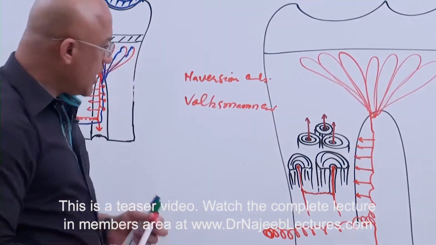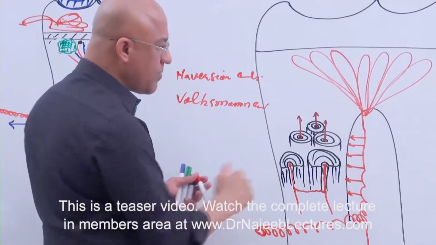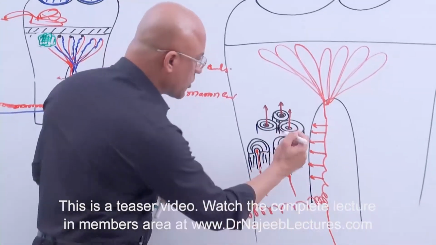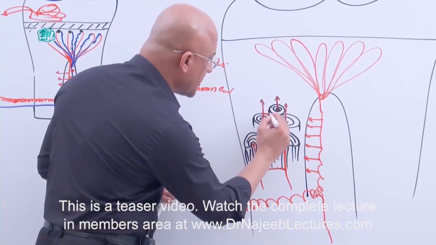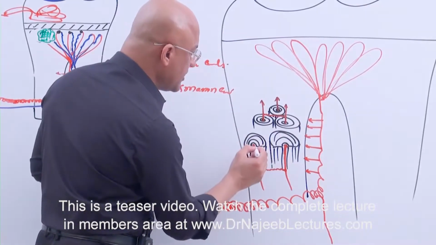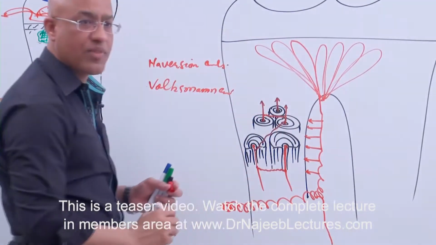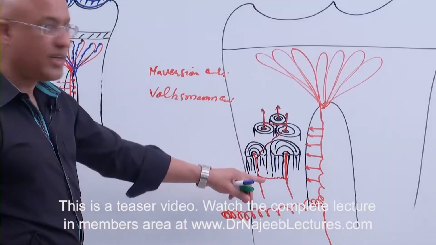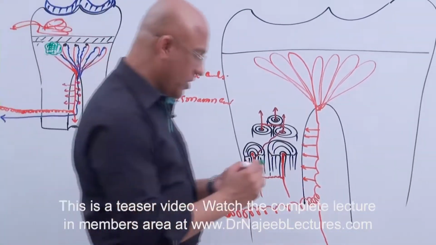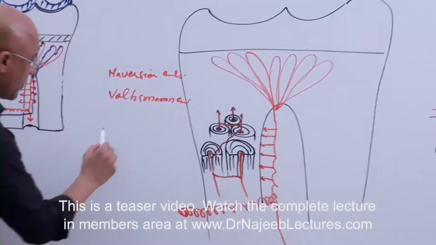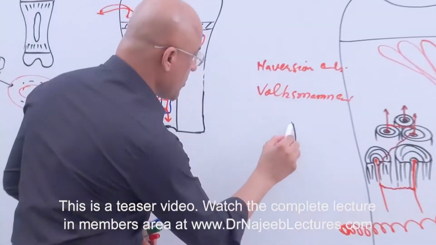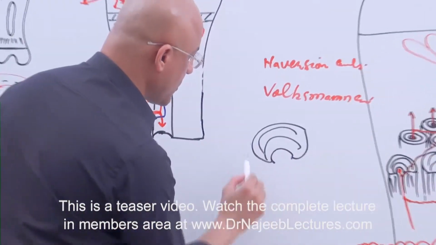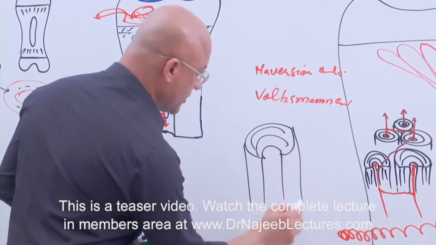Is that right? Actually, all of them are interconnected. For example, it may be connected with this, and this may be obliquely connected with that. You are understanding? Now, if I make it larger here, this is one Haversian system.